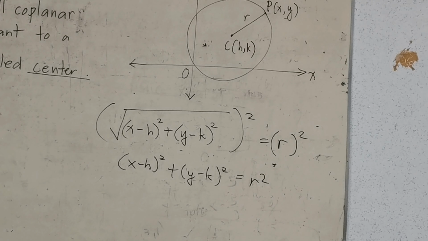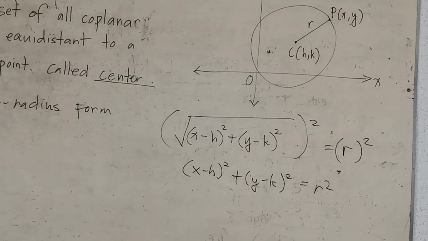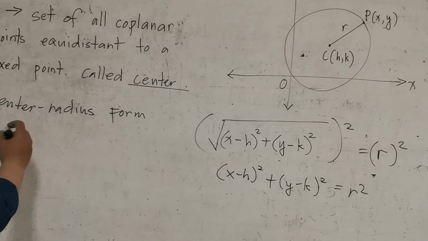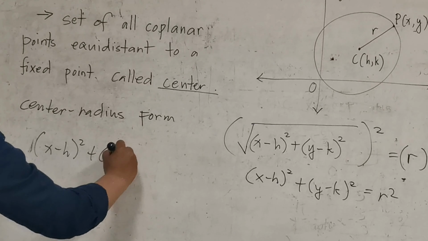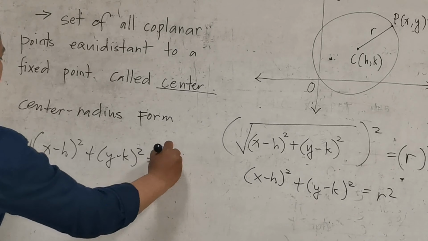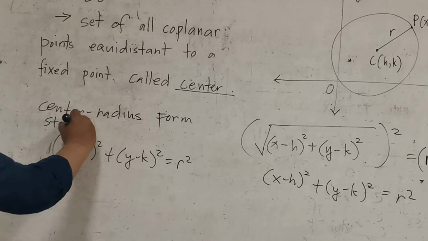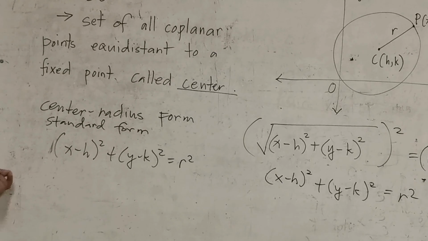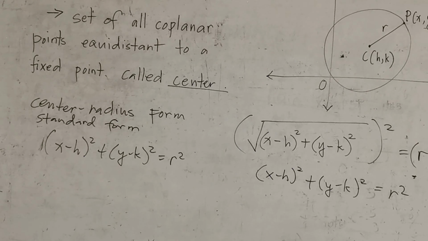So this will be our center-radius form, the reduced form of the equation of a circle. It is also called the standard form of the equation.